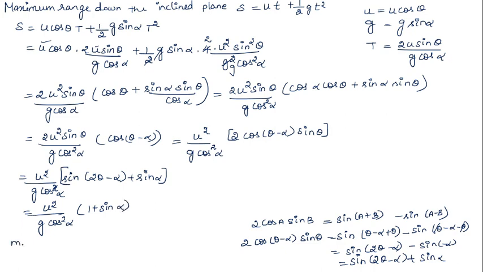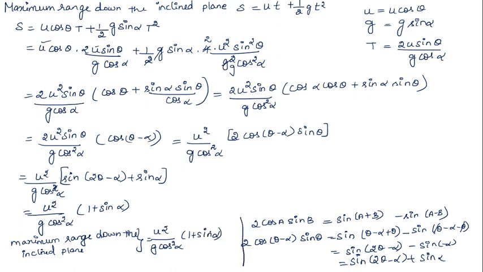So our maximum range down the inclined plane is u squared divided by g cos squared alpha into 1 plus sin alpha, right? This is the workout part. Till this you get, this is equation 4.